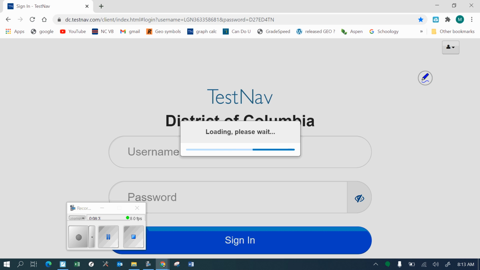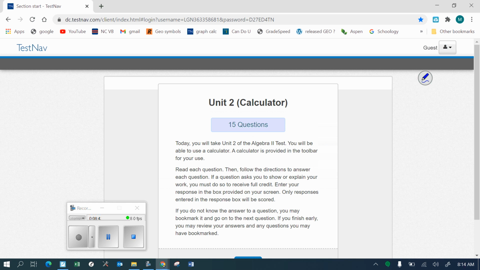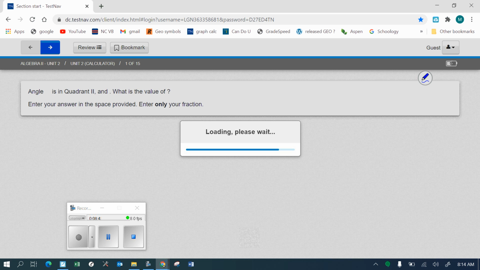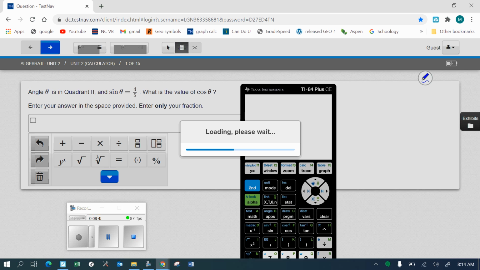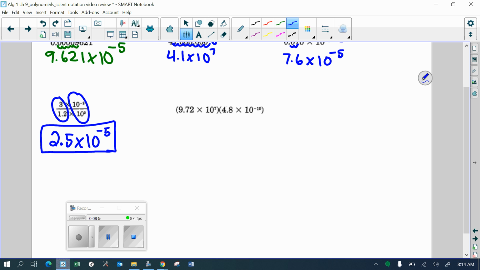So, for example, multiplying 9.72 times 4.8.